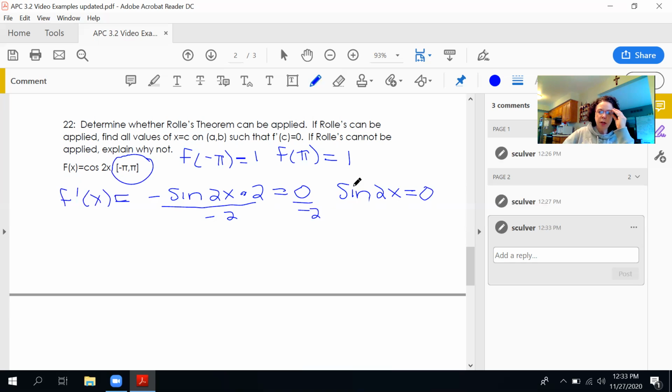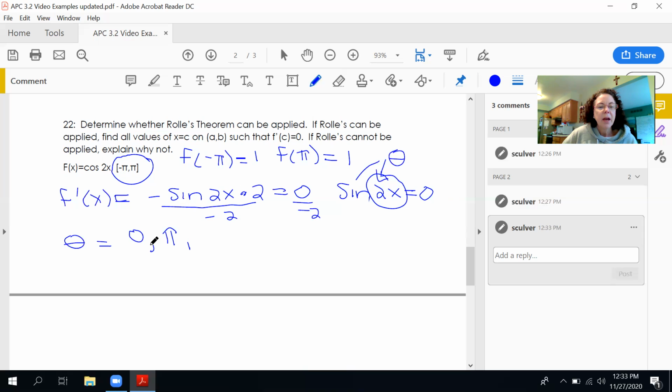Now, this can be hard for students. We know where sine is 0, but where is sine of 2x equals 0? It's hard to say. So let's just call 2x theta right now, and first find where sine of theta equals 0. Sine of theta is 0 at 0 and at pi. Looking at my original period, I see that it does include negatives.